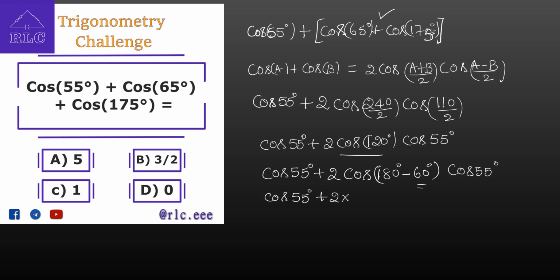Take 60 as x. How can you write 180 degrees minus x? Check once, 180 degrees minus x comes under which quadrant? As I have mentioned, 180 degrees minus x is the second quadrant. In the second quadrant, only sine and cosecant are positive, so cos will be negative. So this can be written as minus cos 60 degrees into cos 55.